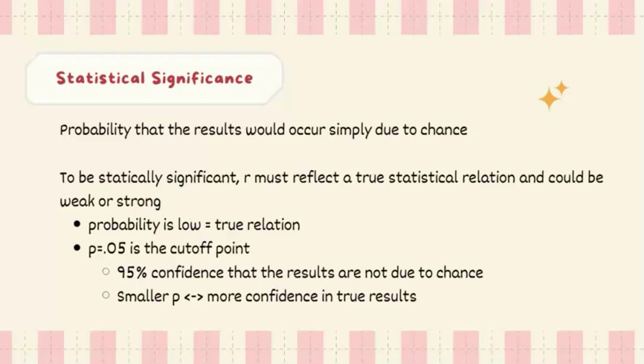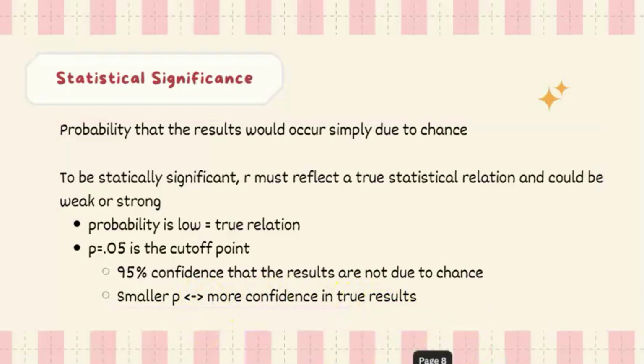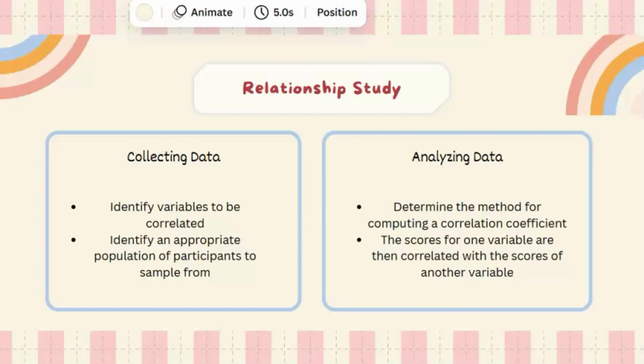So if this probability is low, we're looking at a true relation, something that's probably not due to chance. And 0.05 is the cutoff point for our probability, which tells us that the smaller our probability is, the more confidence that we have true results.